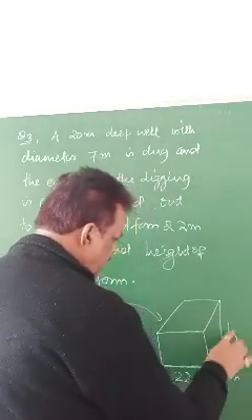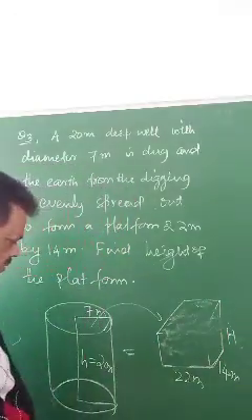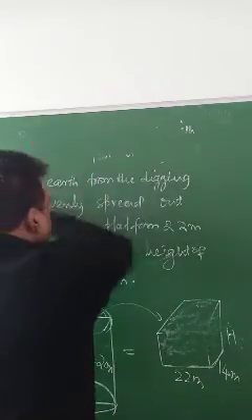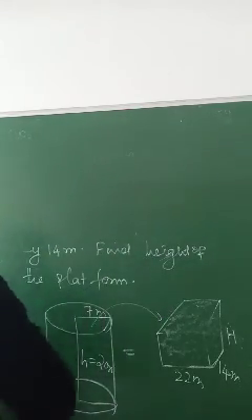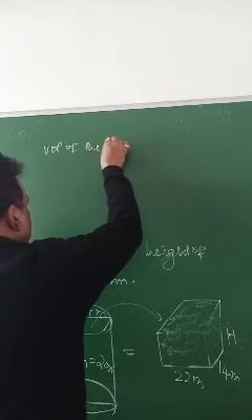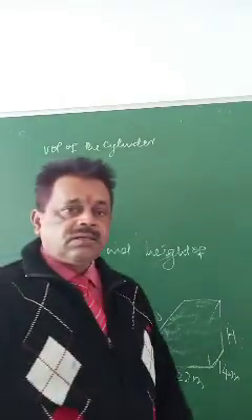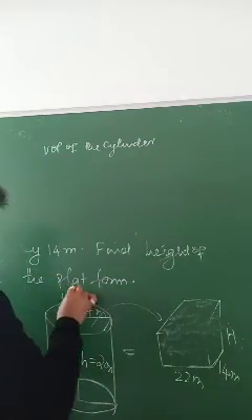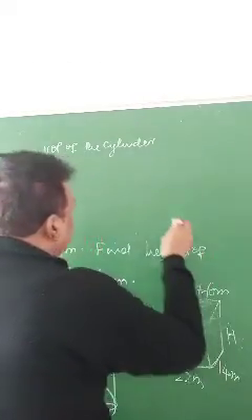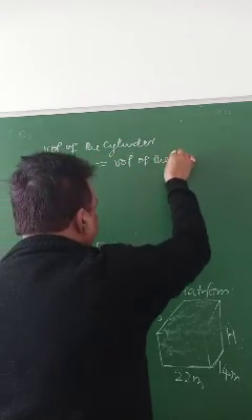You will find the height. So the volume of this platform will be the volume of the cuboid. So volume of cylinder, because the well is in the form of a cylinder, this is the well, this is the platform, equals volume of the platform.